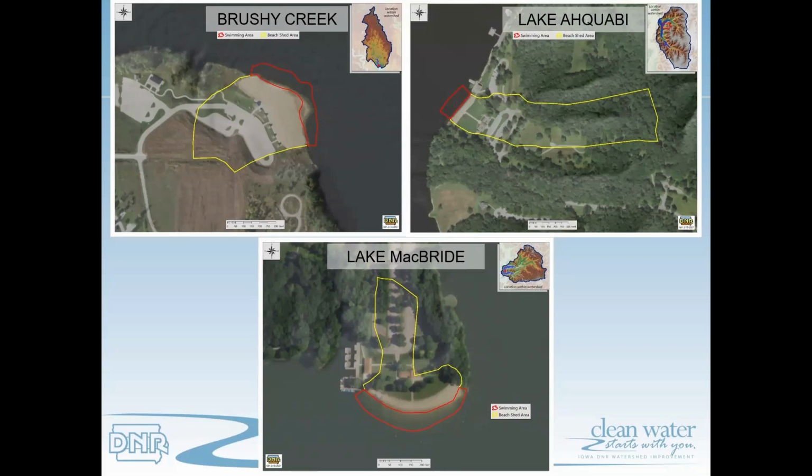So with this information and the information that Jason has provided, we're able to start working on a water quality improvement plan, focusing in on the beach shed area and the swimming area, or the nearshore beach volume. And since the process used to develop a TMDL for all the beaches is the same, I'm going to walk you through one using Brushy Creek Lake.